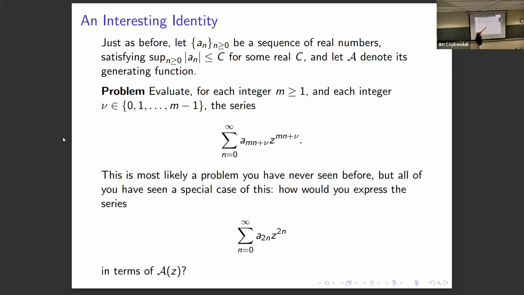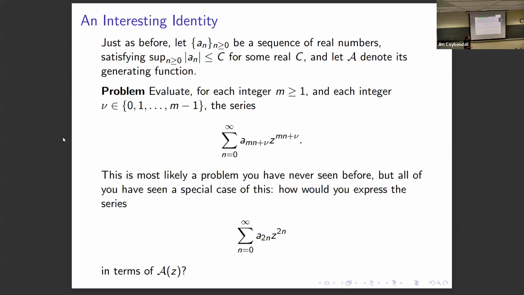And I'm going to look at the following series: the sum from n equals 0 to infinity of a of m times n plus nu, times z to the power mn plus nu. What am I really doing here? I am summing over all non-negative integers such that when I divide by m, the remainder is nu.